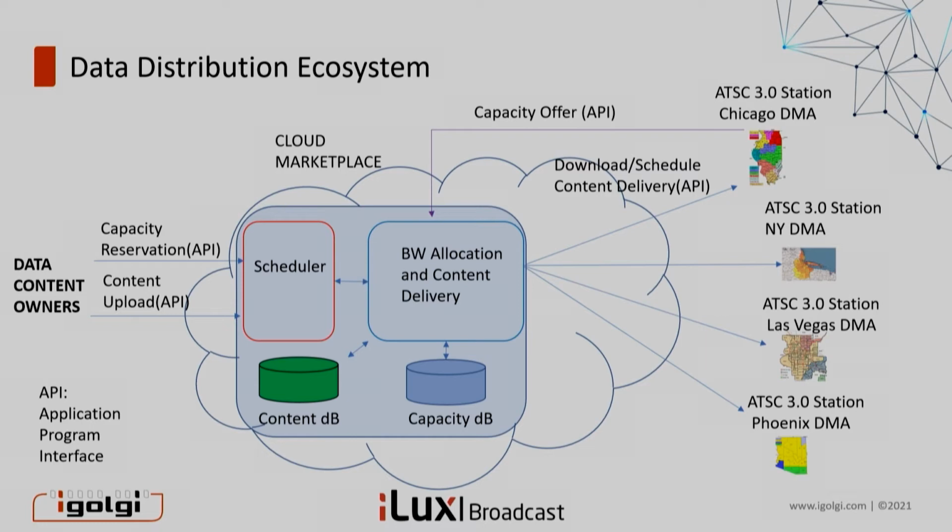So in this cloud, the box shown in blue, there is a set of components that need to exist, offered by some providers that do this bandwidth arbitrage: station owners on one hand offering a certain amount of capacity, and data distributors who want to distribute content into the infrastructure. This kind of mating has to be done in a marketplace on the internet, and that is what the cloud marketplace needs to provide.